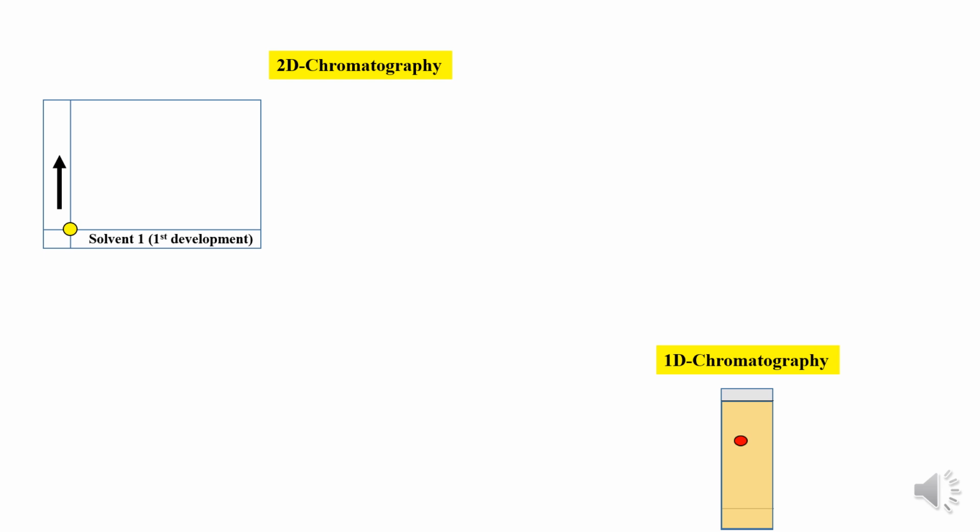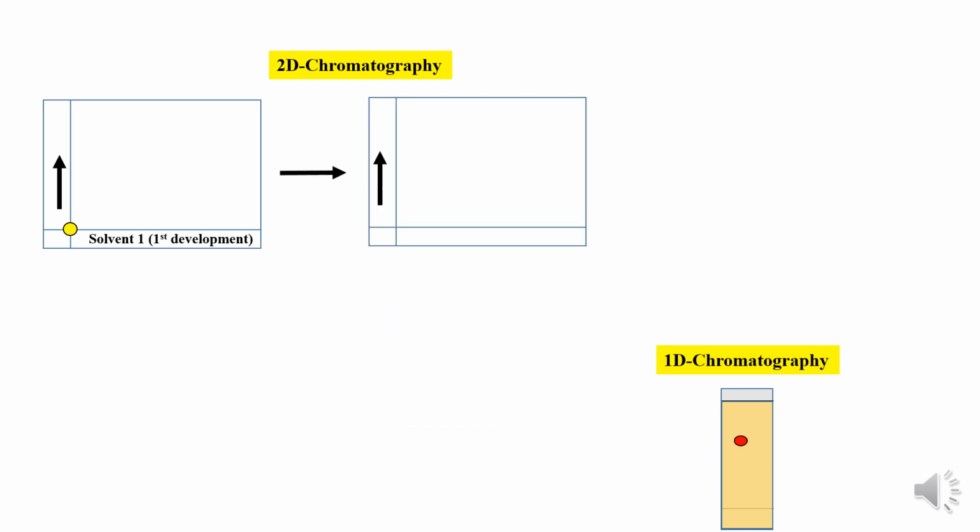So we are developing this TLC plate using the first solvent by ascending technique. And after the separation, we find that the given sample mixture has separated into 3 individual components, highlighted here in red, blue and green spots.